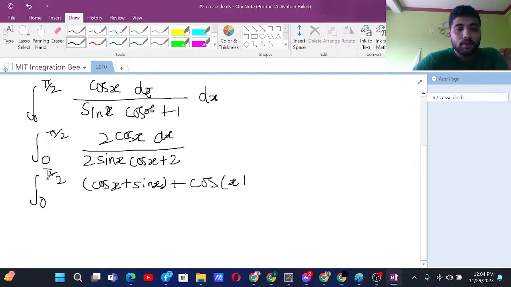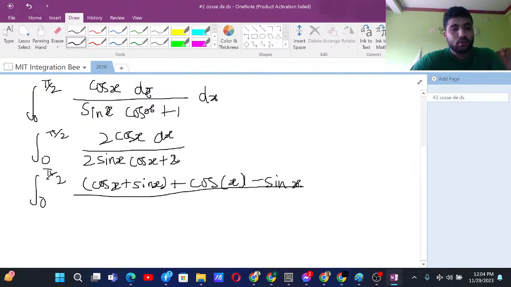And the reason for that is that we can write this as sin x plus 1 and plus 1. And 1 is just sin square x plus cos square x. Yeah. And if it's sin square x plus cos square x, we can just break this into 2 fractions first of all.